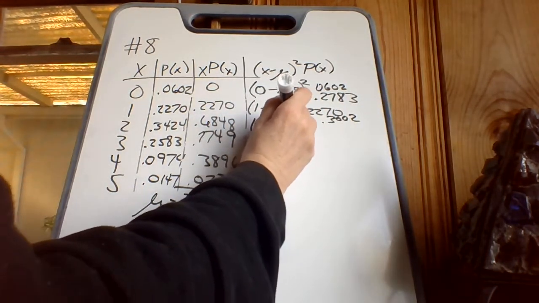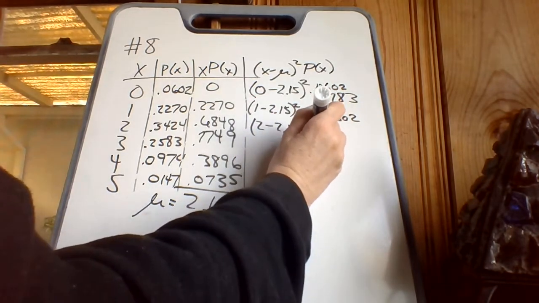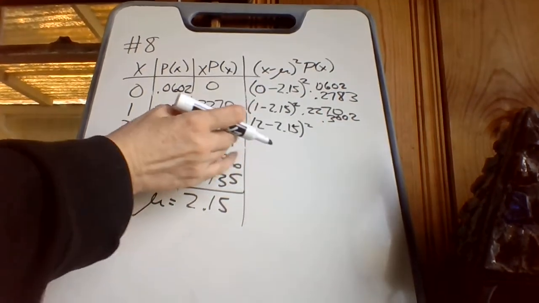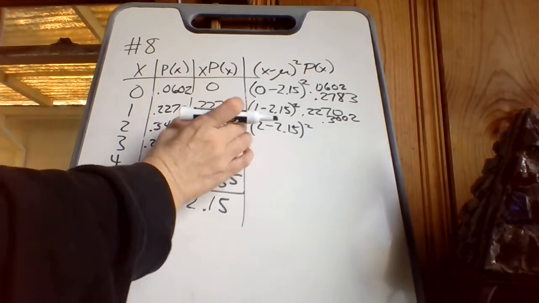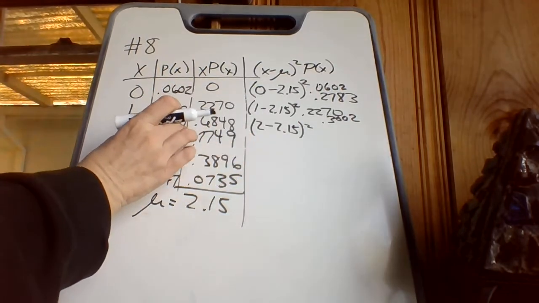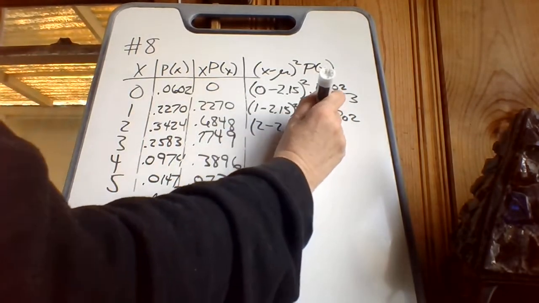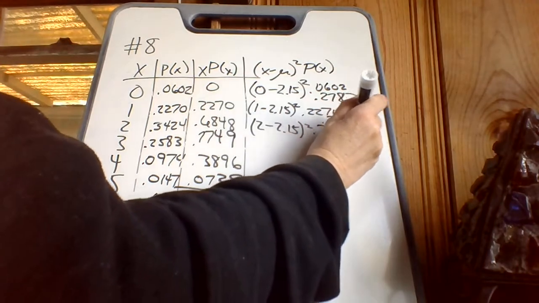2 minus 2.15 squared times, this is where I always get screwed up on this. Don't go back to that column. The temptation is just to end up here. Keep remembering, get all the way back over here, 0.3424.